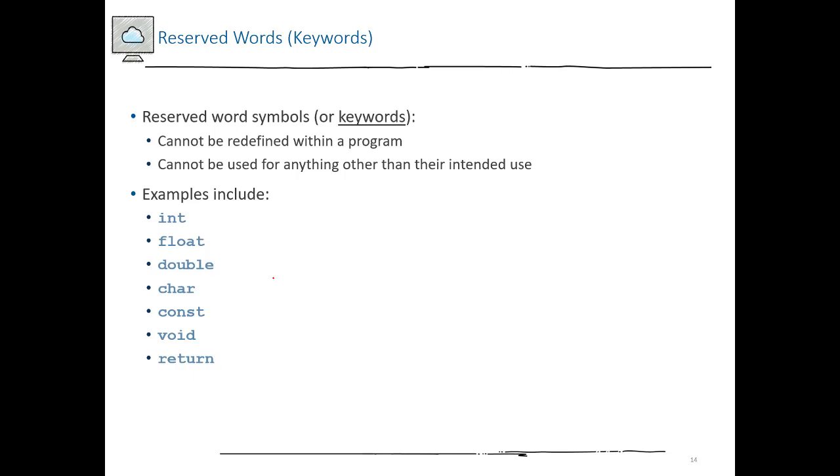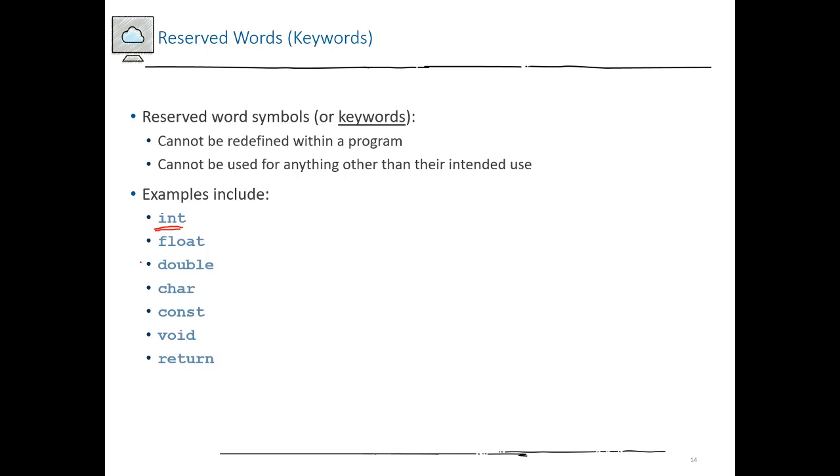The reserved words, you cannot redefine them within a program, and you cannot use them in your program. For example, you cannot use a reserved word as a variable for yourself. You can't do that. They must be used for the intended purposes. For example, you cannot define a variable called int because it's a reserved word.